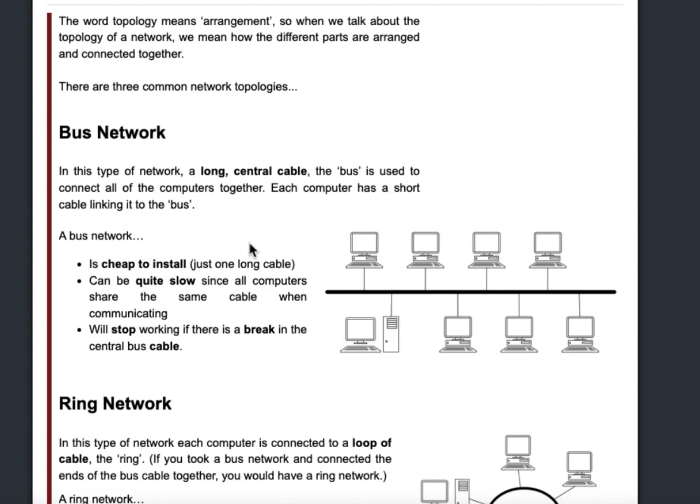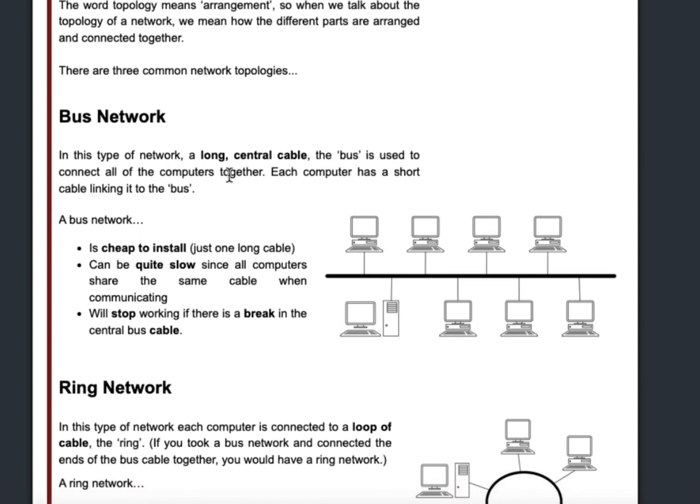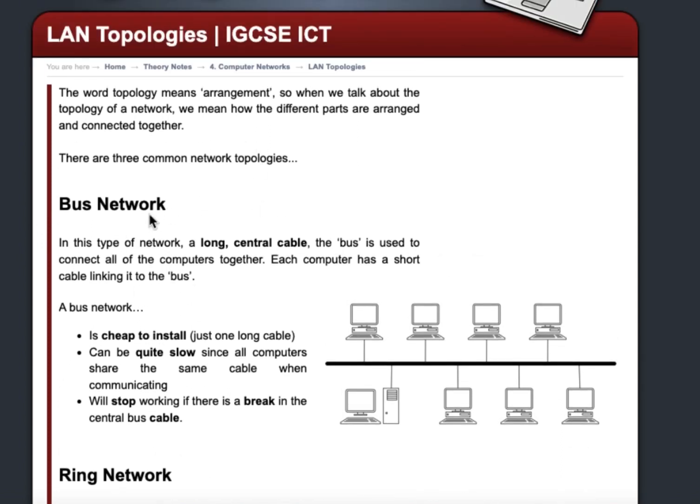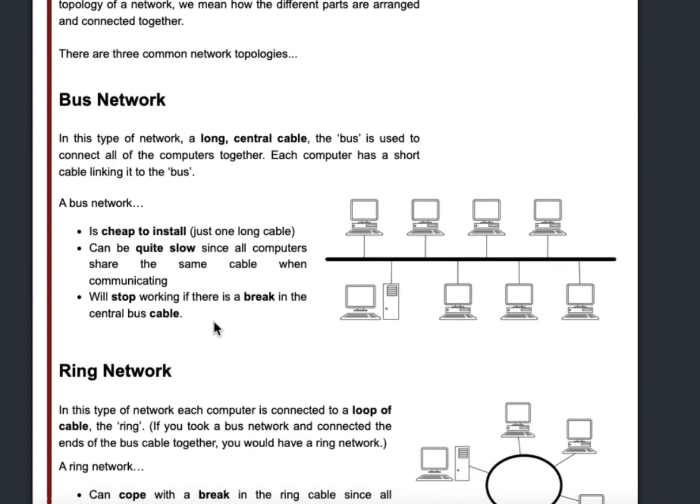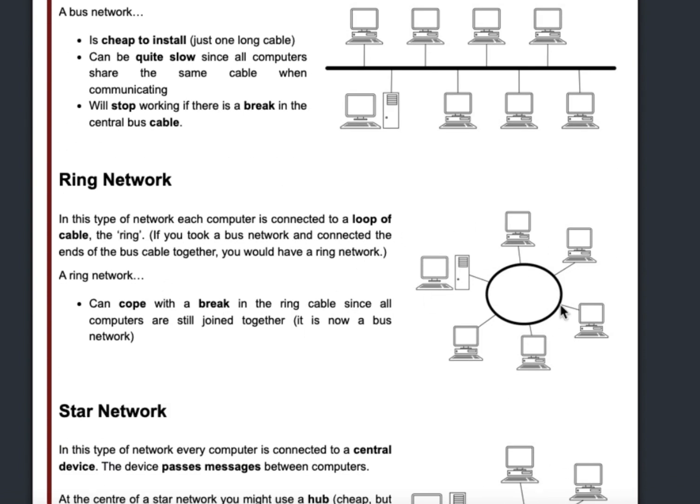Okay, so we have the different network topologies. The first one is the bus topology, the second one is the ring arrangement in the office. We arrange our servers, our computers, our printers in a circular manner. It's called the ring network.